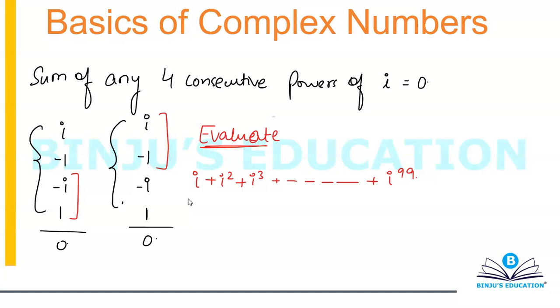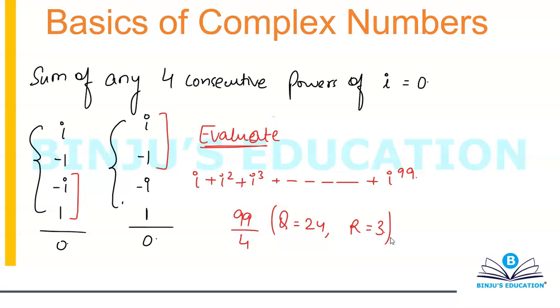Again, you're going to do the same thing. You're going to divide 99 by 4. You'll get quotient equal to 24 and remainder equal to 3.